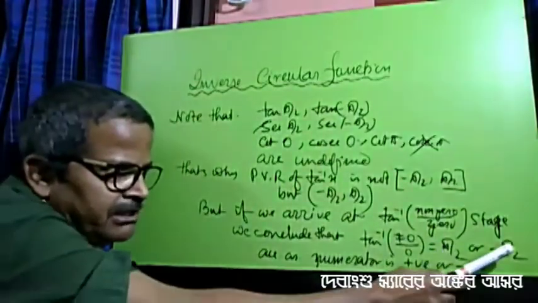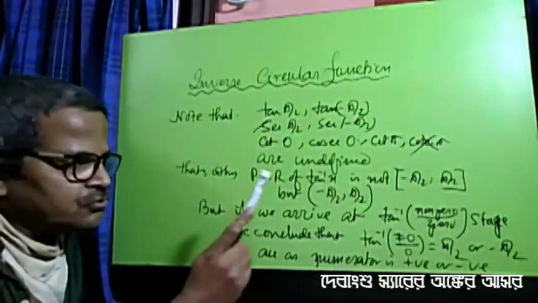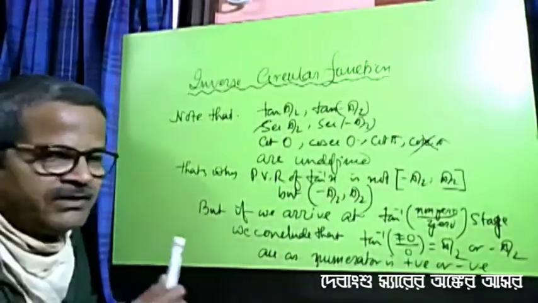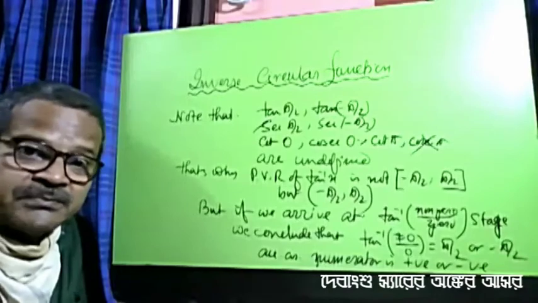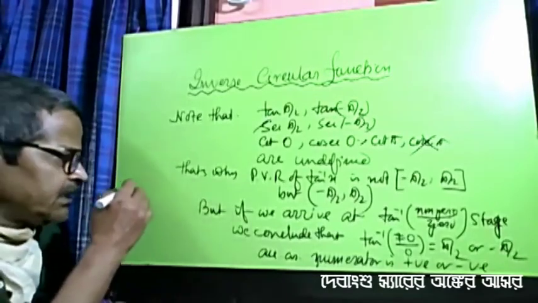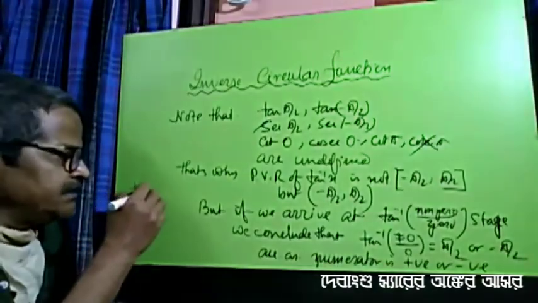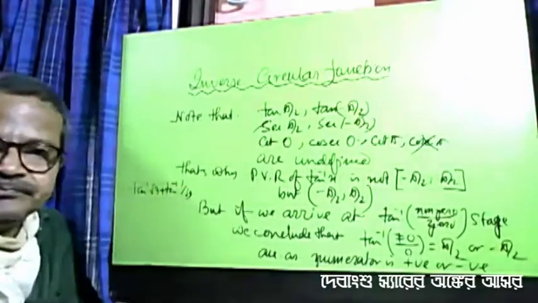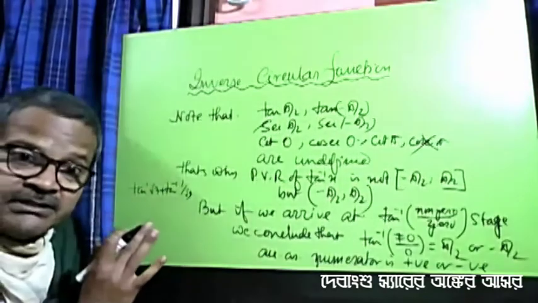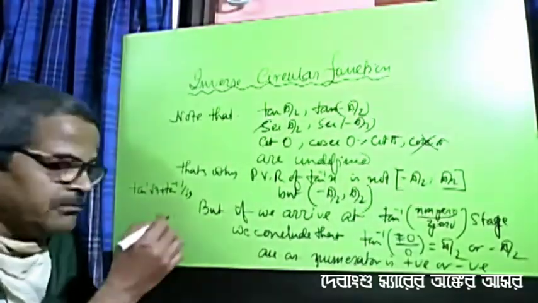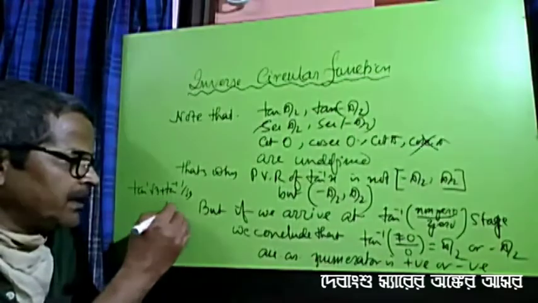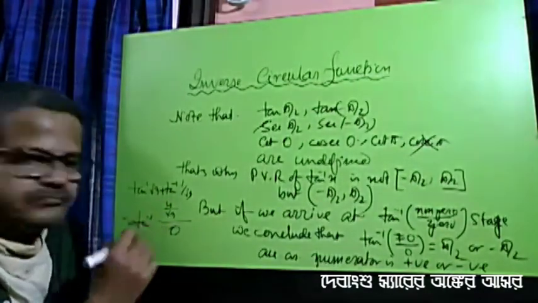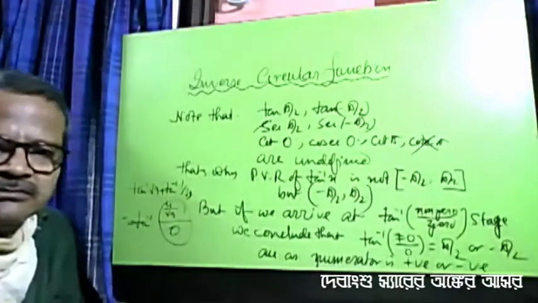This observation shows that pi by 2 and minus pi by 2 must be included in this. Otherwise, we may face a few serious problems. For example, if you are asked to find tan inverse root 3 plus tan inverse 1 by root 3, after applying the requisite formulas you will arrive at tan inverse of 4 by root 3 by 0. Then what will be our conclusion?